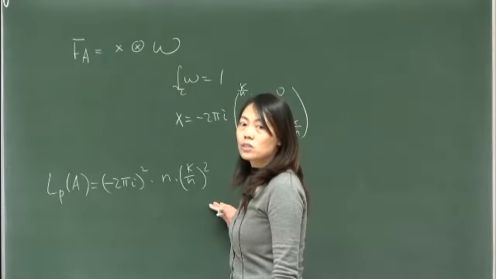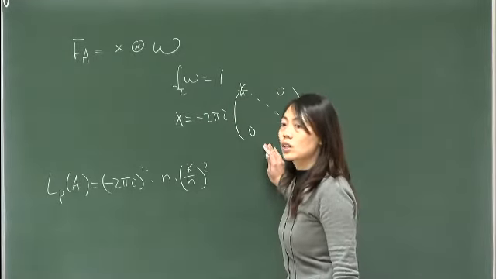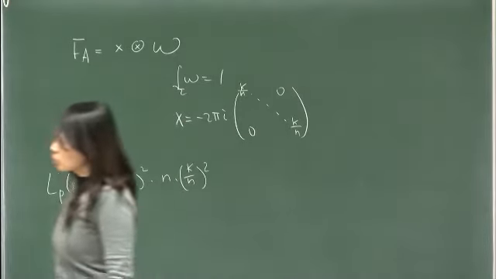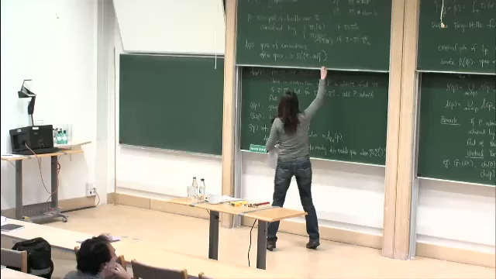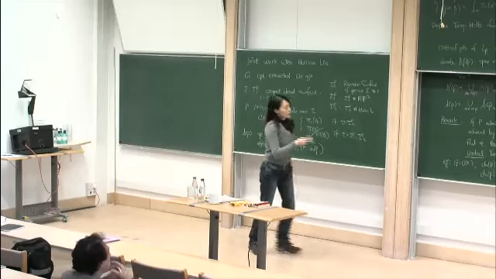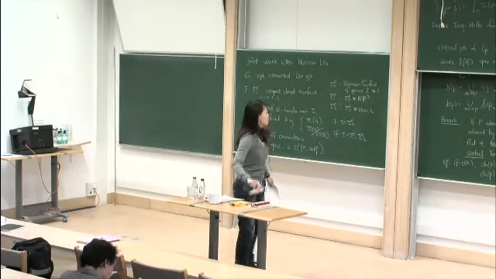So that's how you get your minima. And those are the central Yang-Mills connections. So you would always have some kind of minima.